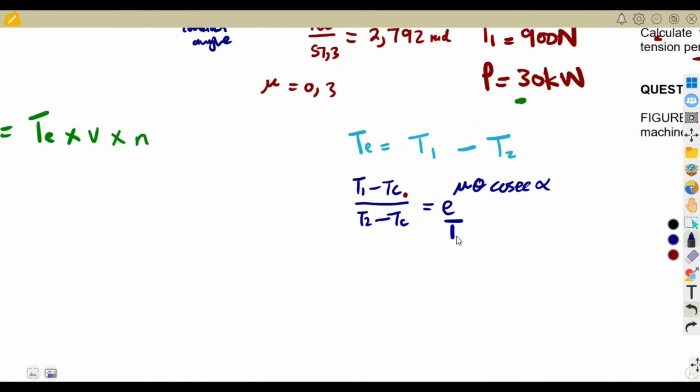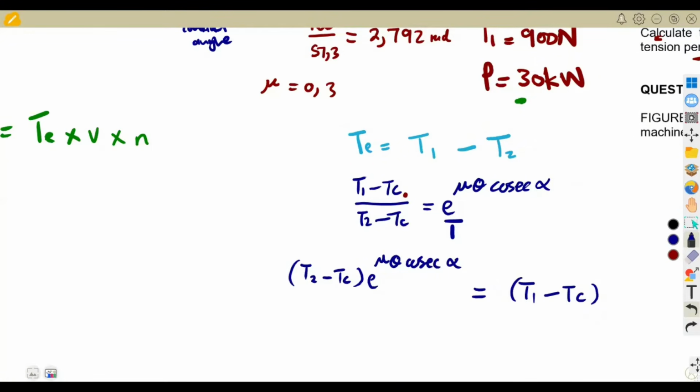So if I cross multiply, that's 1 times this, this times this. Take note, this times this. So it's going to be (T2 minus TC) into e to the exponent of mu theta cosec alpha is equal to 1 times this. So that will be T1 minus TC, like this.